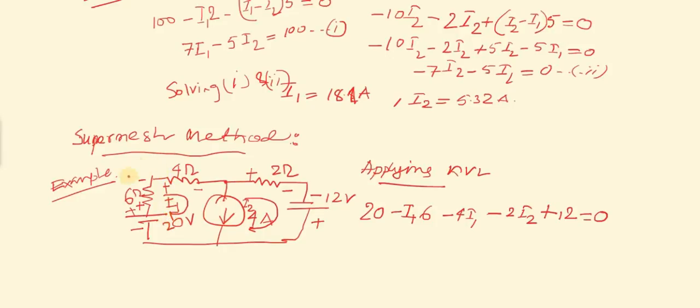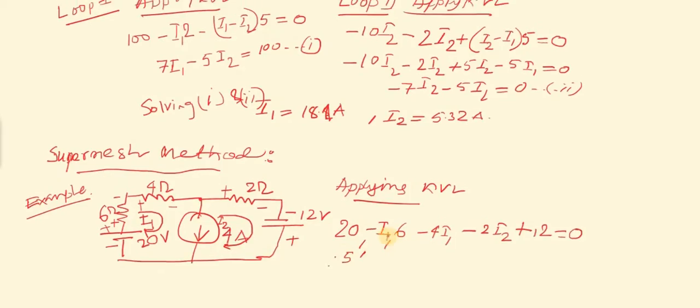So you just apply KVL, this part plus this part is equal to 0, that we have written here. Okay, so after simplification, it will be 5 I1 plus I2 equal to 60.